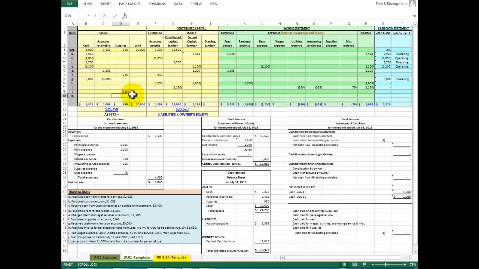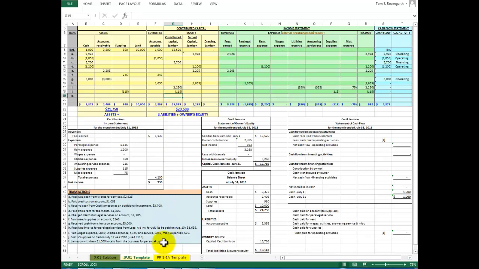So the reduction in the asset supplies will result in the company incurring supplies expense of $115. So enter 115 under the supplies expense. That expense reduces income by $115, which will in turn reduce earned capital $115.